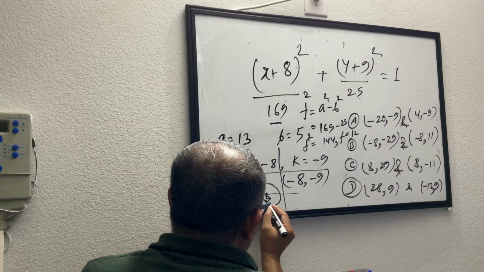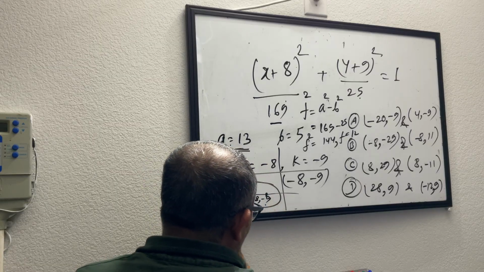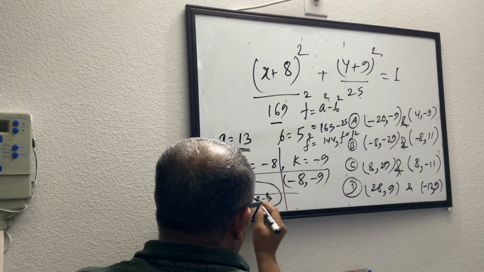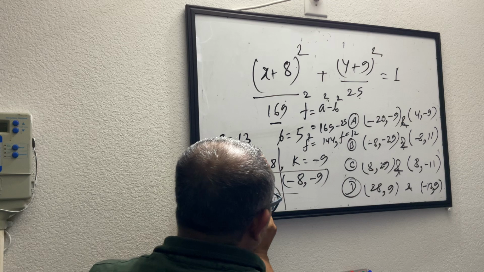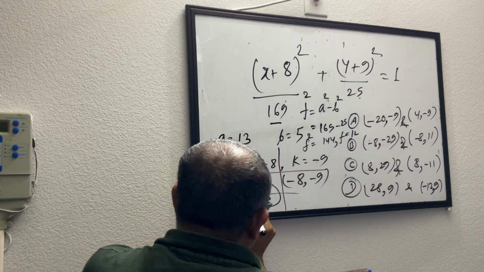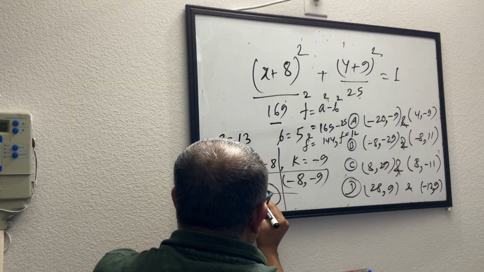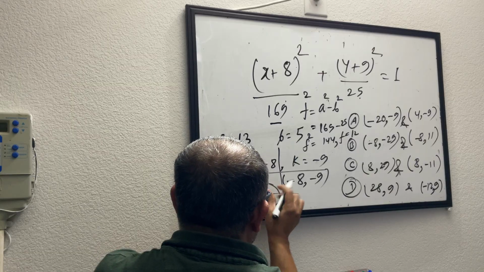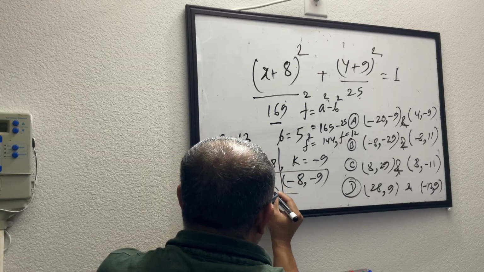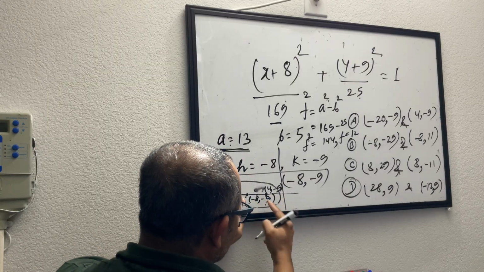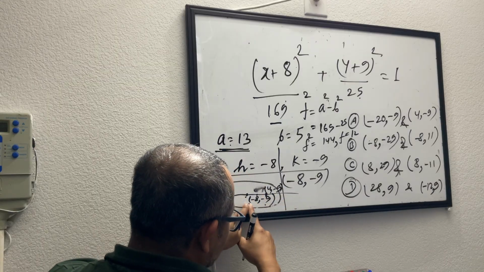I am moving along the x-axis only, because that's my major radius. Adding 12 to the center, minus 8 plus 12 gets me to 4 comma minus 9. My y coordinate is not changing, only the x coordinate increased by 12.